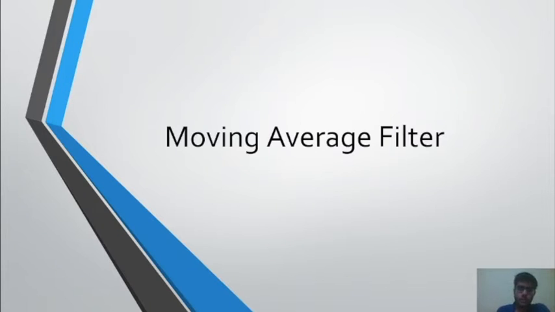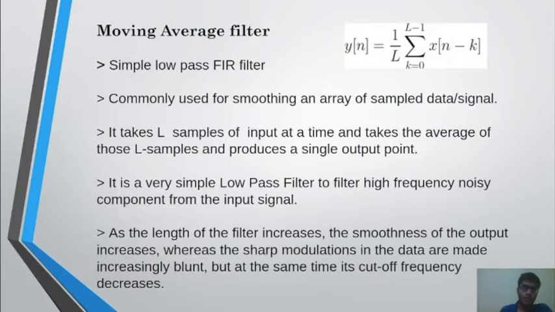So we should move on to the first type of filter, that was the moving average filter. The equation of the moving average filter is given by this. It's a simple low pass finite impulse response filter. It's commonly used for smoothing an array of sample data or signal.